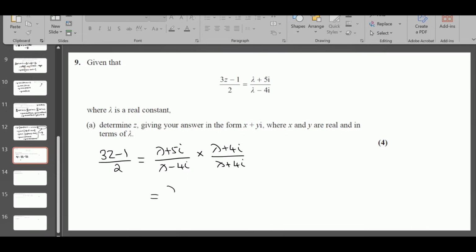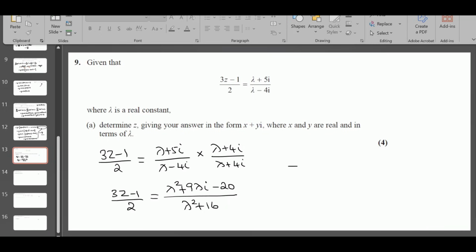So you will get lambda square plus 5i lambda, 4i lambda, 9 lambda i, 5i times this is 20 i square, which is minus 20, divided by lambda square plus 16. You will get minus 16, i square is negative 1, right? That's 3z minus 1 over 2, and then find z. So bring the 2 here.